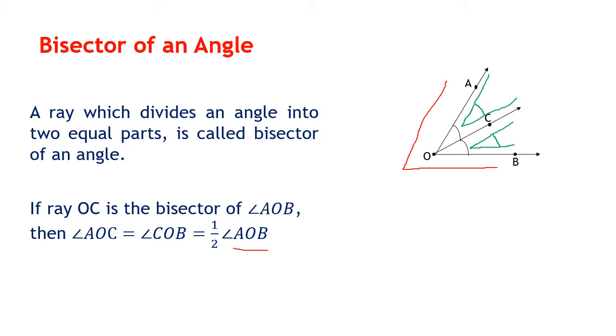So angle AOC and angle COB are equal, and both are half of angle AOB. So the first concept for today is the bisector of an angle. From any angle you can draw an angular bisector which cuts the original angle into two equal parts. Is it clear? Okay. Now we move further.